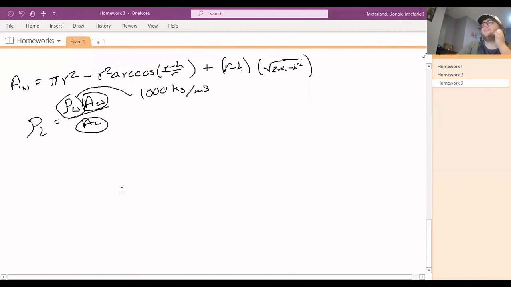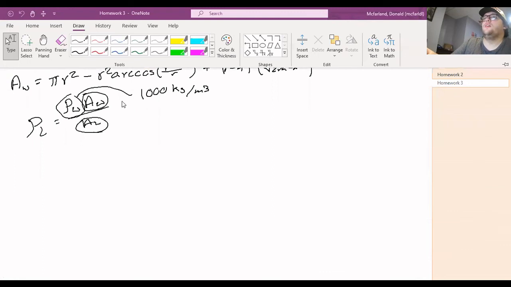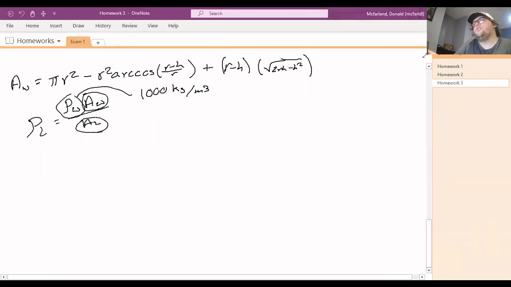All right, so as I was saying, our cross-sectional area of the water we can now plug in, and our area of the log we know as pi r squared.